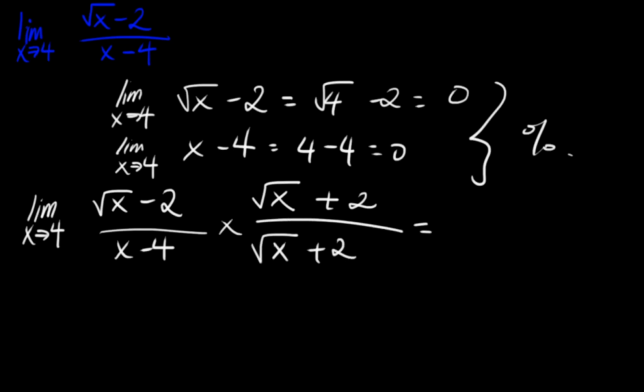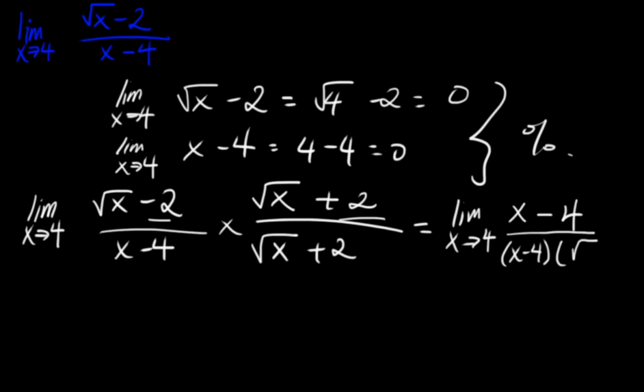So now, this would equal the limit as x approaches 4 of, well, the square root of x times the square root of x is always going to be x, right? So we can write x, and then negative 2 times the positive 2 equals negative 4, over x minus 4 times the square root of x plus 2.